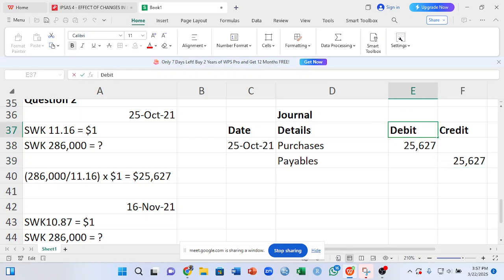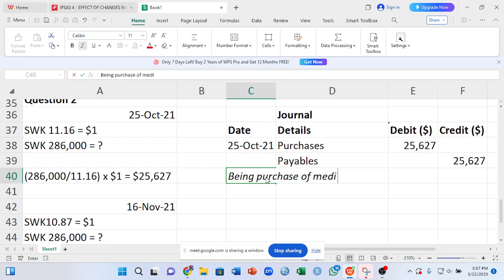Bear in mind we are working in dollars. Then write your narration: being purchase of medical supplies recorded.